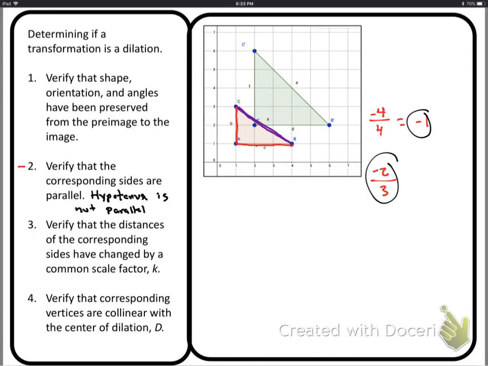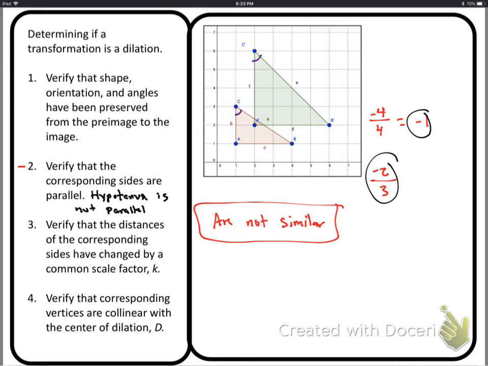Which means that these two triangles are not similar. Okay, it didn't pass the parallel test. And chances are, if we had a protractor and checked the angle measures, it wouldn't have passed the angle measure test either, where all the angles have to be the same. These angles would have been different. The purples and the reds would have been different.